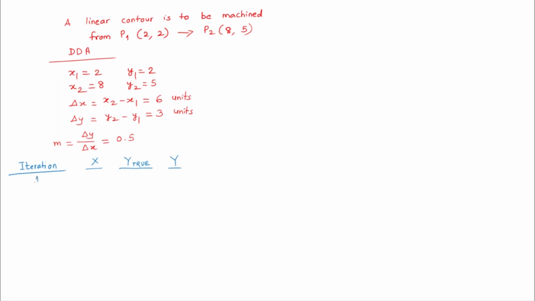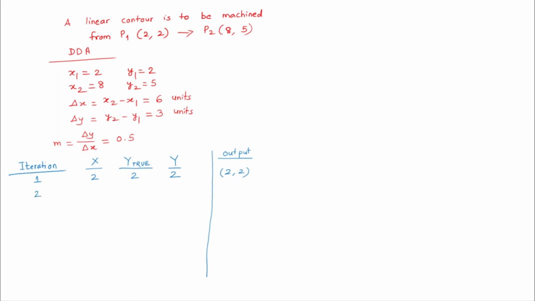So in the first iteration, as we have seen, we have to take X1, Y true is equal to the Y1, that is the 2, and the Y is equal to the Y true itself, that is 2. So the first point is the X Y 2 2. So ultimately the output that we are getting here is the first point on the path, that is 2 2.